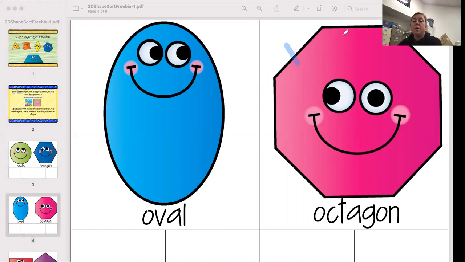Here's one, then we have two, here's three, four, five, six, seven, and eight. So an 8-sided object is an octagon. Good job. Okay, let's move on to the next one.